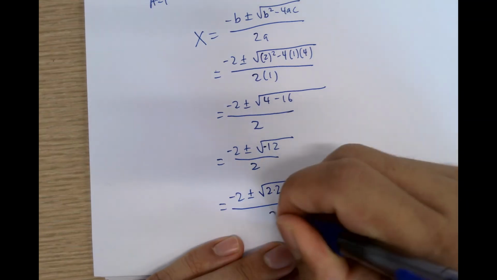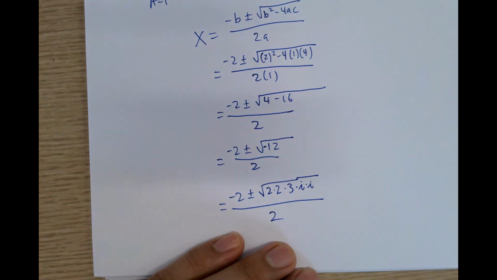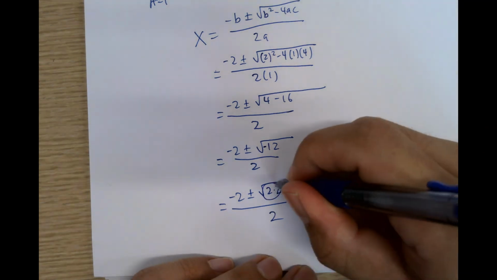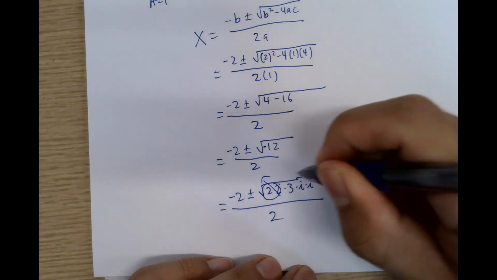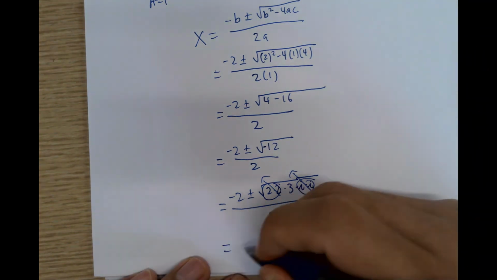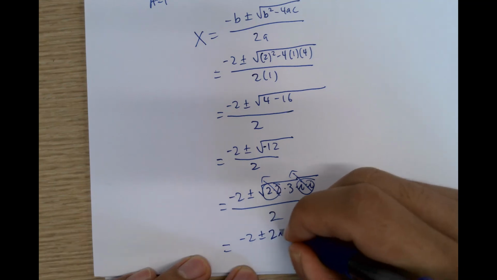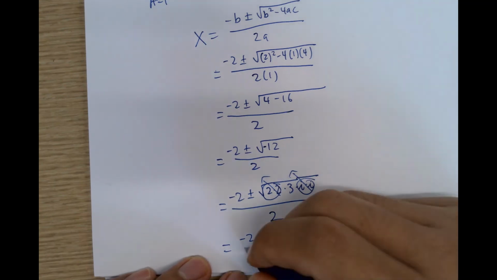Again, if you know this already, you don't need to write this. I'm just trying to show you what the factors are. You can skip this step if you want. There's a factor here, you can take out one of the 2's. There's an i, you can take out one of the i's. So this equals negative 2 plus or minus 2i times the square root of 3, over 2.